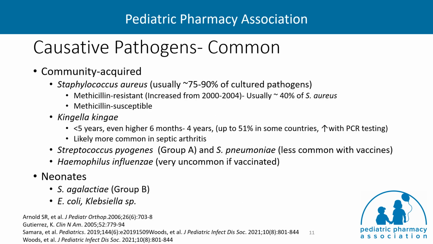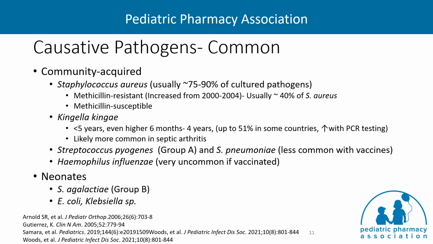So in the event that you are able to detect a pathogen, this slide has most of the common pathogens that you think about with osteo, and these are based off of those that are actually cultured, because again, you may not get a pathogen in each scenario. From the community-acquired side, 75 to 90% in the literature of the cultured pathogens are Staph aureus, with somewhere around 40% of the Staph aureus being methicillin resistant.